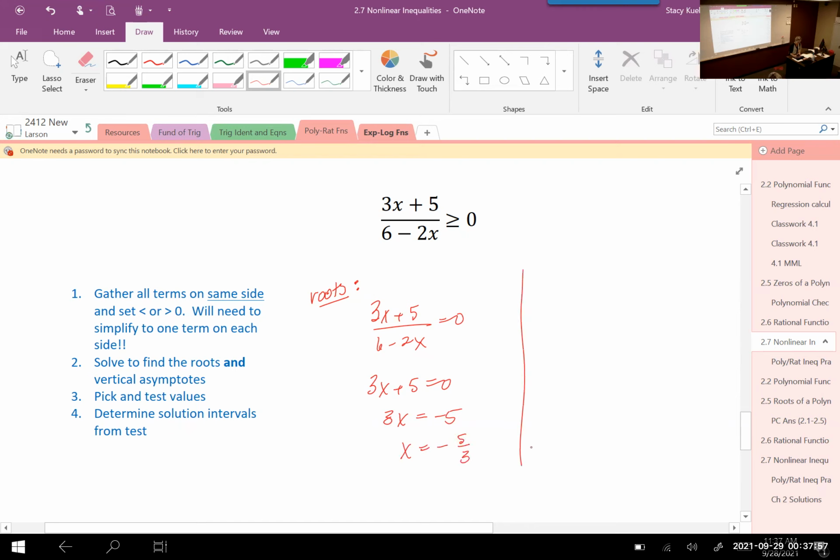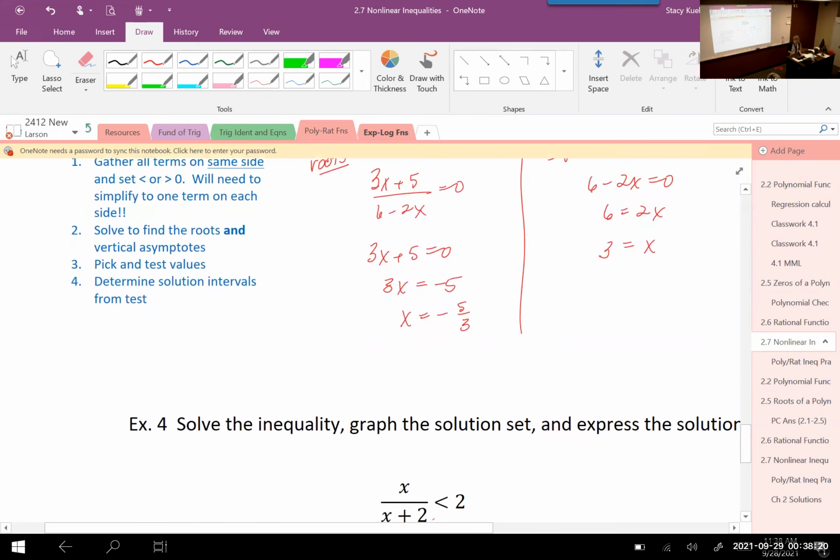And the other thing that we're interested in are those vertical asymptotes. And where do the vertical asymptotes come from? The denominator set equal to 0. So I have an x-intercept at -5/3, and I have an asymptote occurring at 3.